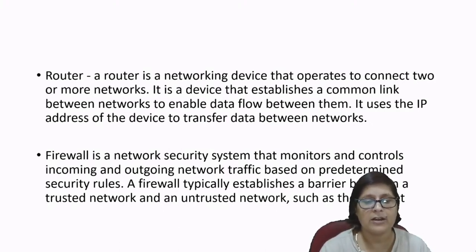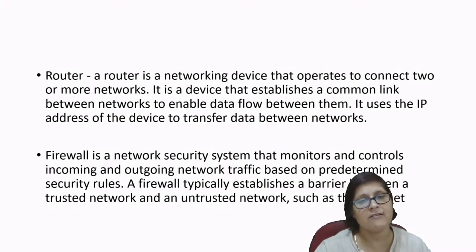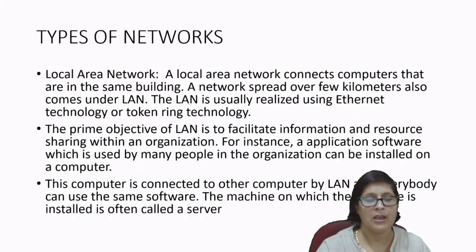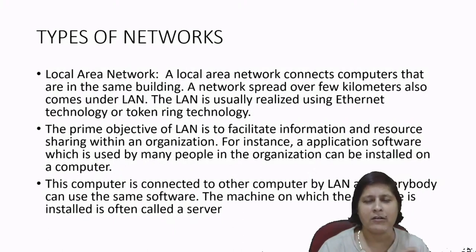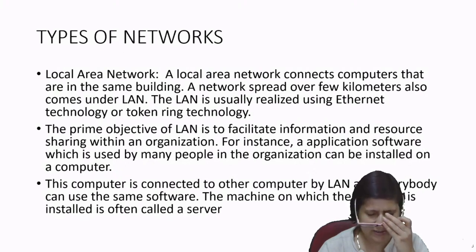It is a network security system. A firewall typically establishes a barrier between the trusted and the untrusted network. If the firewall feels that a network is not trusted, then that network cannot transfer the data to that system or to another network.